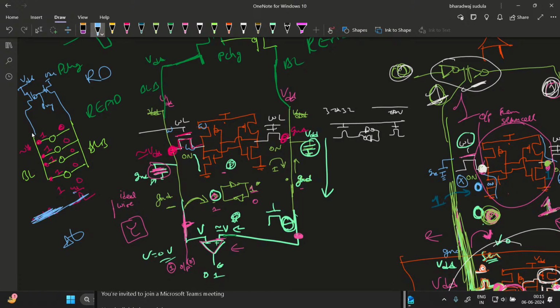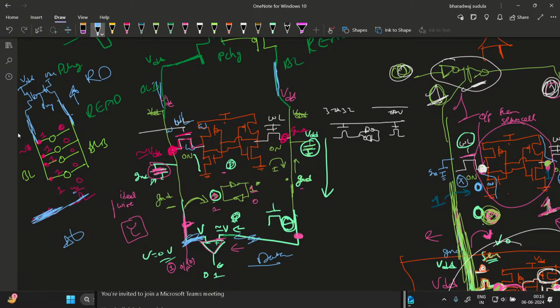I need to recharge these bit lines to VDD as fast as possible, the faster the better, because after this I need to enable the SenSAMP as well. If I charge this to VDD, then I will enable the word line, then enable the SenSAMP and I will get the data. So this process has to be fast. If this has to be fast, then charging up the bit lines to VDD has to be fast, right?